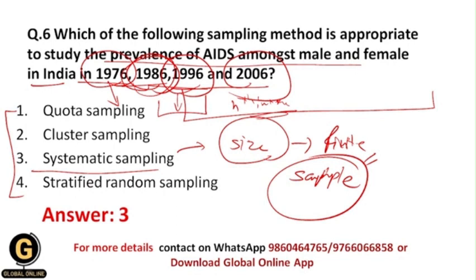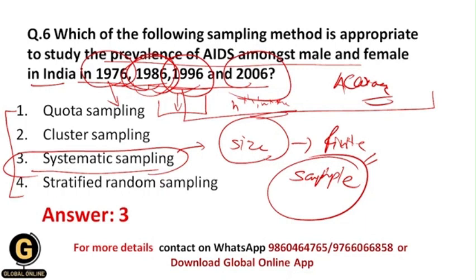And that's why he will be able to target each and every year, and each and every gender. That's why the study will be more accurate, because he is addressing the most accurate sample, and this sampling technique also saves the time of the researcher.